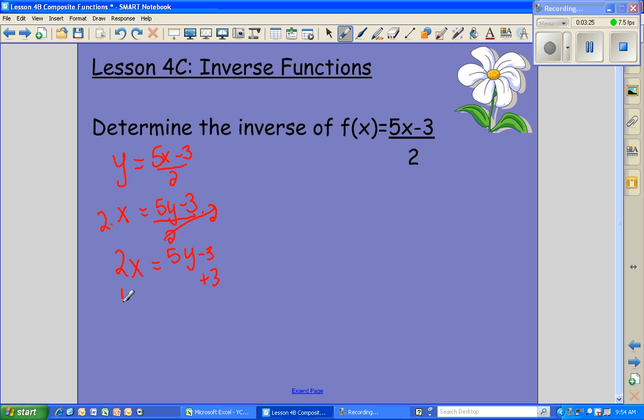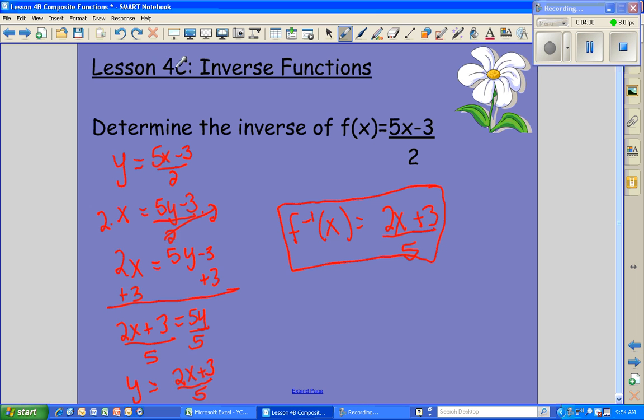I'm going to add 3 to each side. Divide each side by 5. So y is equal to 2x plus 3, all divided by 5. So that would be my inverse. F inverse of x would be 2x plus 3 divided by 5.